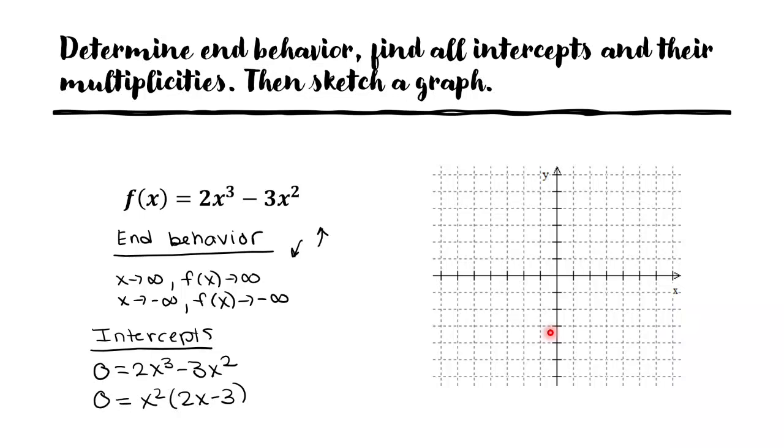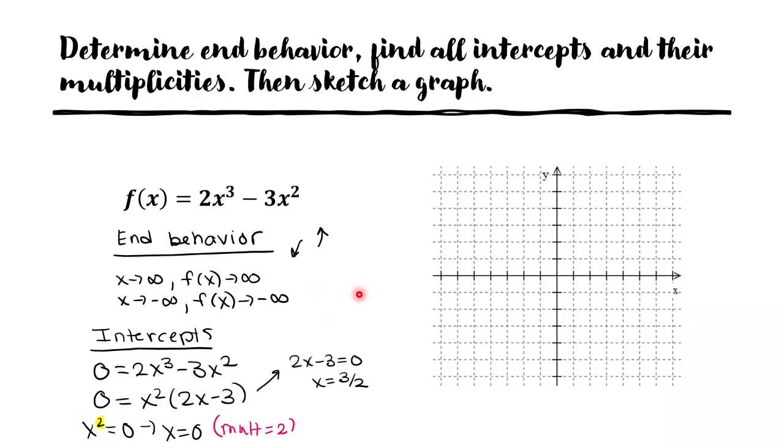I'm going to pull an x squared out of both terms, and I'm left with 2x minus 3. Now I can set these factors to 0. X squared equals 0 means x equals 0. That has a multiplicity of 2 because it came from that x squared with that exponent of 2.